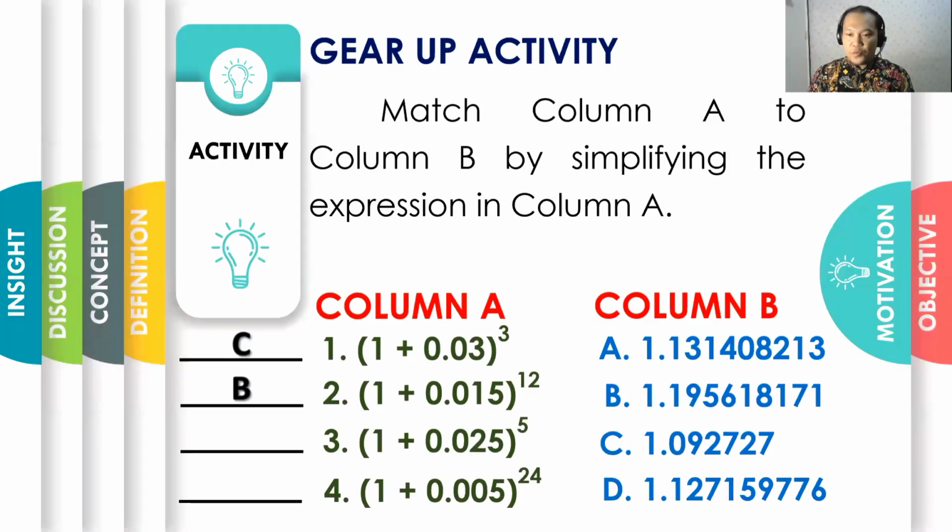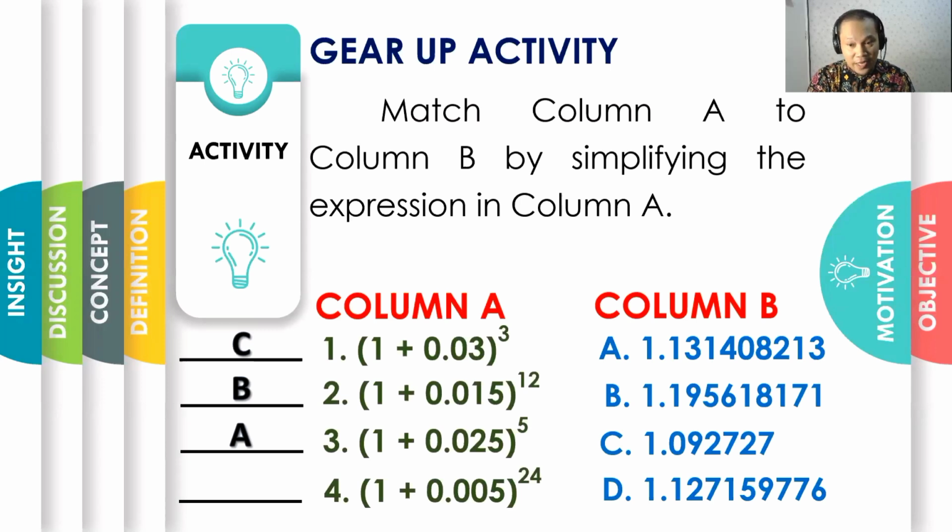For number 3, we have 1 plus 0.025, and it is being raised to the 5th power. Therefore, our answer will be letter A, 1.13140821.